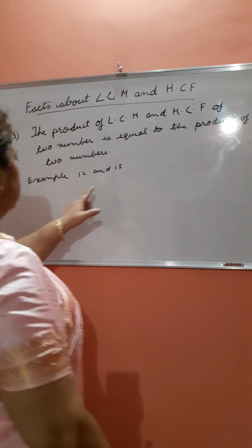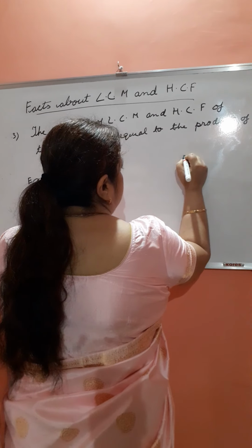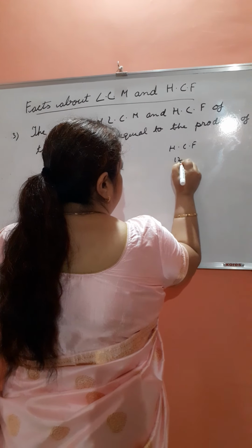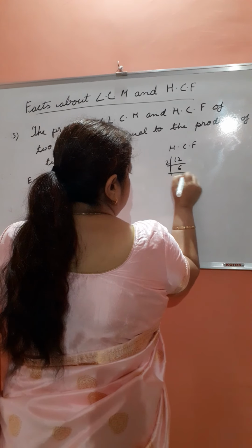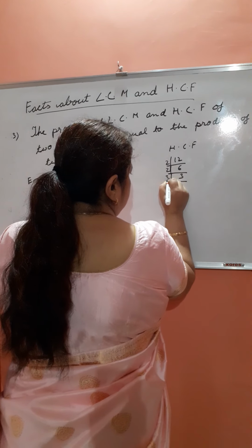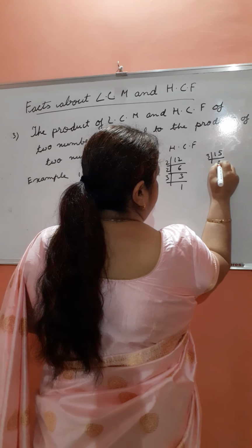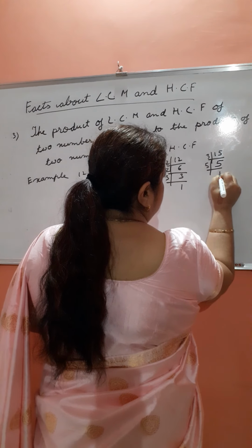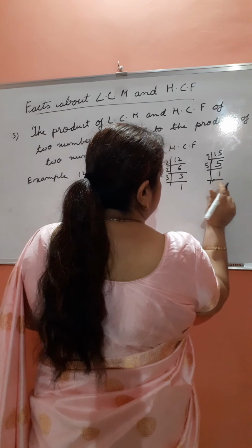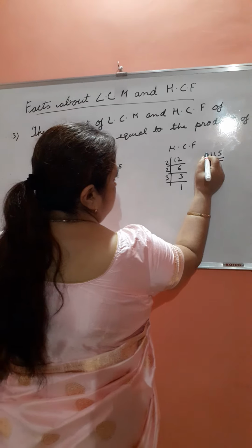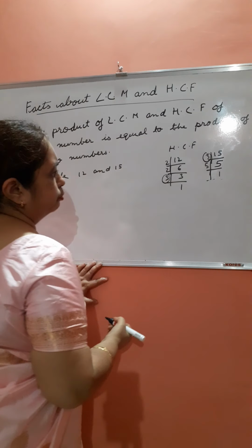Okay, now find out LCM of 12 and 15. First find out HCF. 12, then 15. Okay, here it is finished. Now what will be the HCF here? HCF will be only 3. 3 is common only. See here, only 3 is common in both.